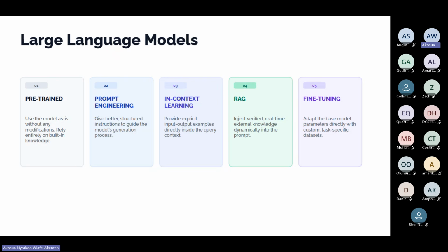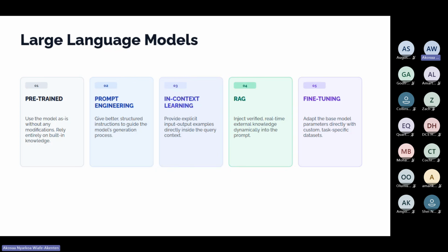Now, the third approach you could consider when you are developing solutions that have to do with large language models is in context learning. In context learning, you still write some prompts, right? But then you are telling the model what you want by providing it with examples.